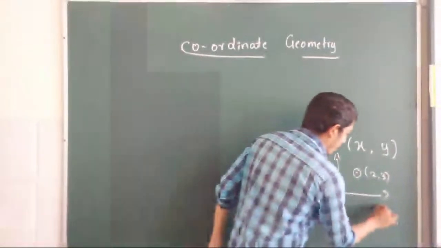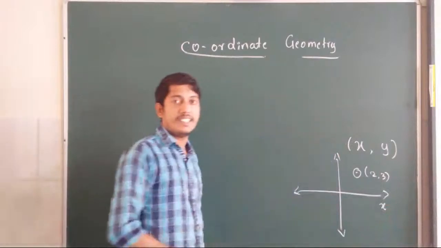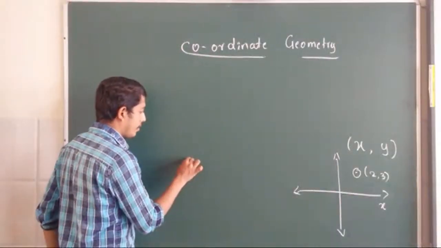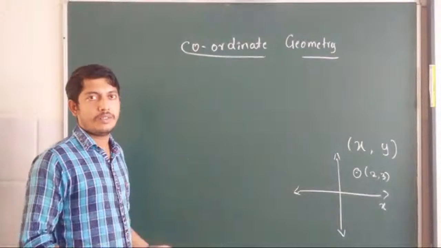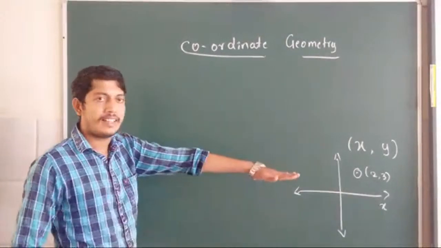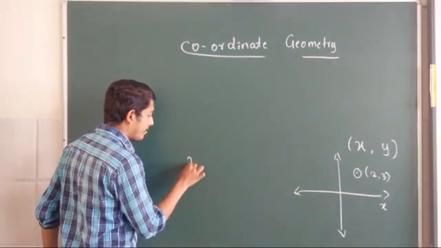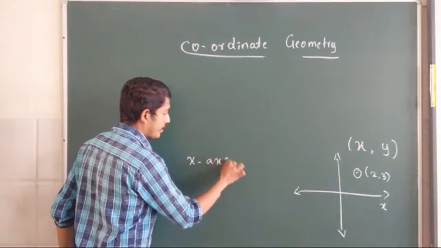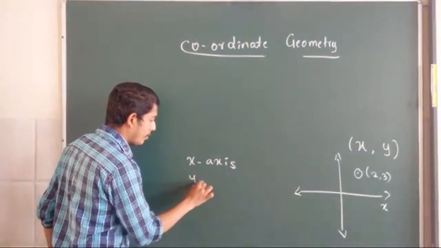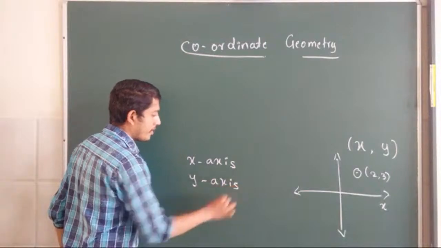We consider the horizontal as the x-axis. If we consider only x coordinate points, or the x line, then we call it the x-axis. If we consider y, then we call it the y-axis.